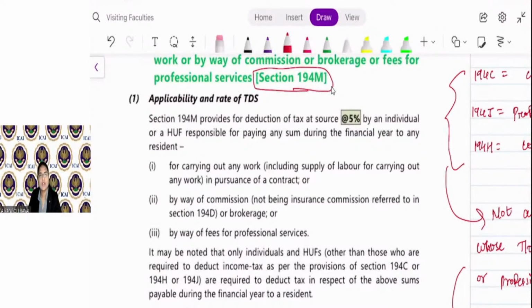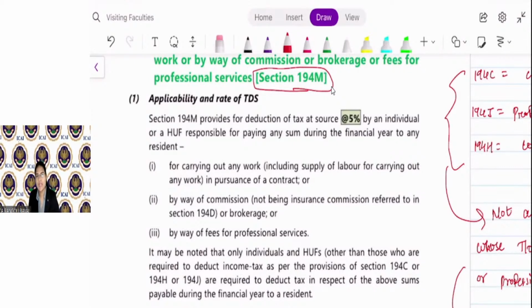The 194M provides for deduction of tax at source at 5% by an individual or HUF responsible for paying any sum during the financial year to any resident. So here the payee should be resident.